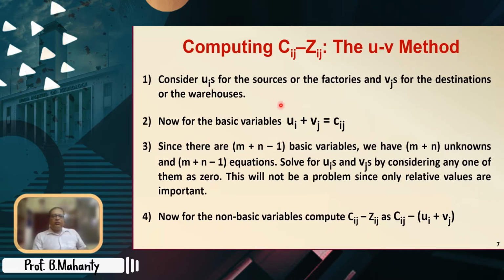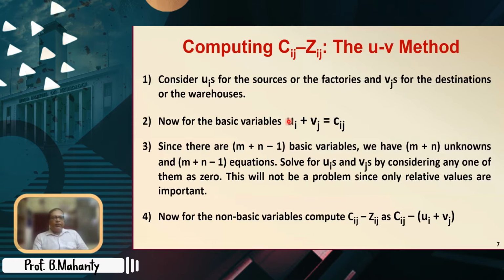So this is the UV method, and as you understand, these Uis and Vjs are nothing but the dual variables. Since there are m plus n minus 1 basic variables, we have m plus n unknowns and m plus n minus 1 equations. So solve for Uis and Vjs by considering any one of them as 0.